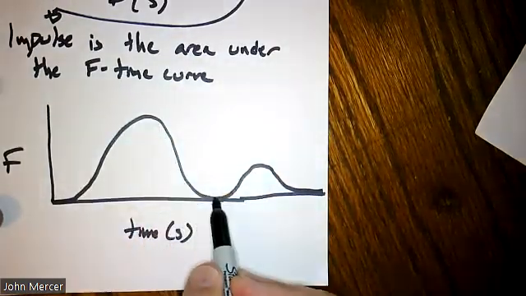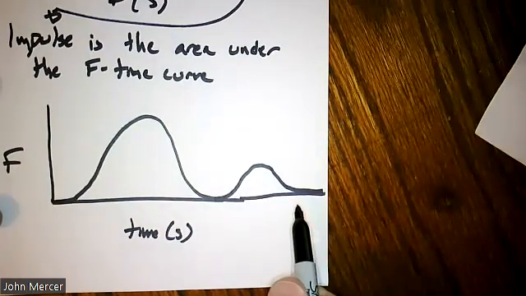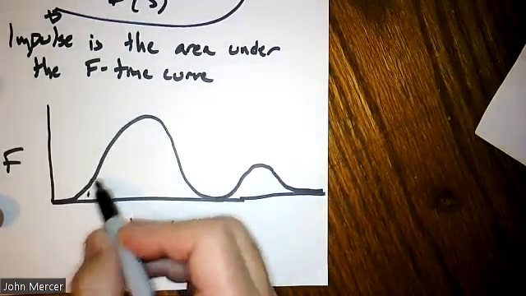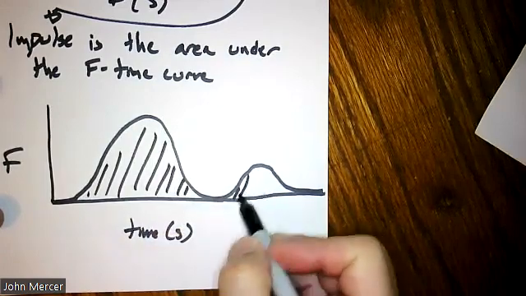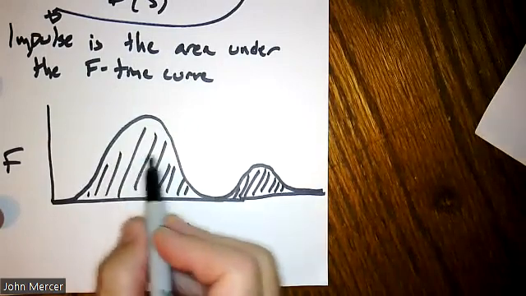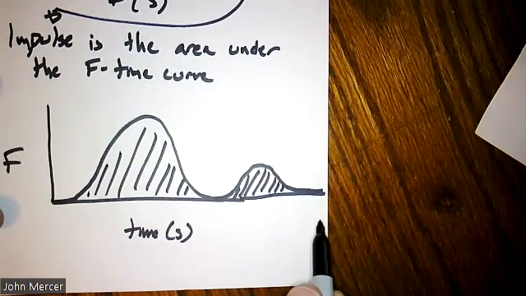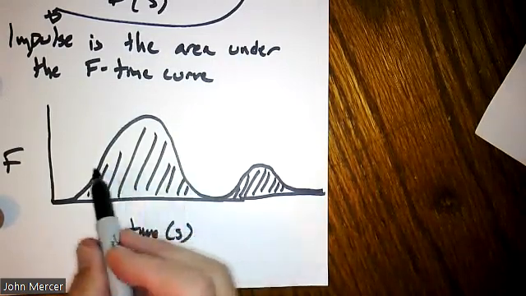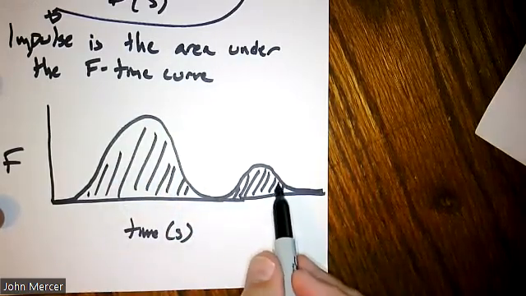I get this tracing, I land on the ground, and then I do another jump, but I don't jump as high. We can start to visualize the area under this curve is more than the area under this curve. So the impulse here is greater than the impulse in this section here. The change in momentum is greater due to this force tracing versus this force tracing.